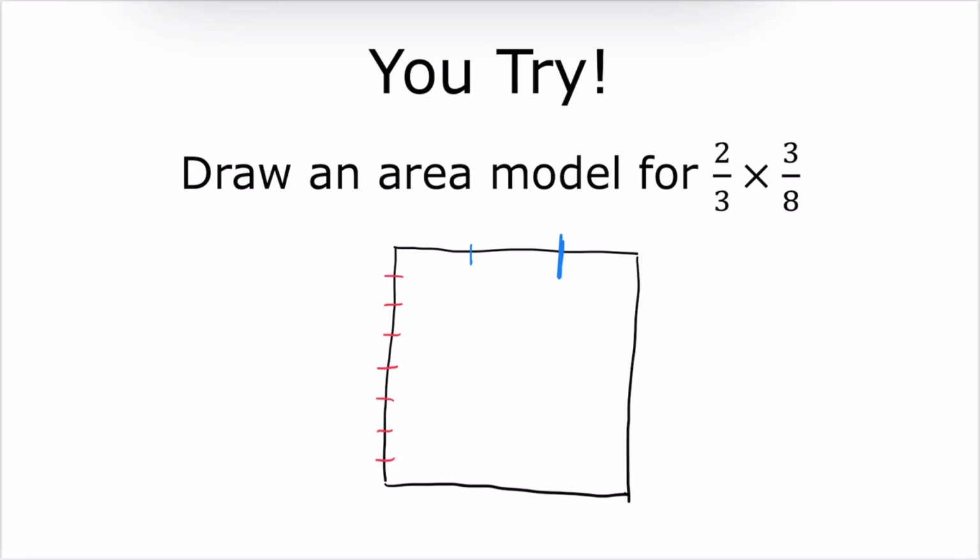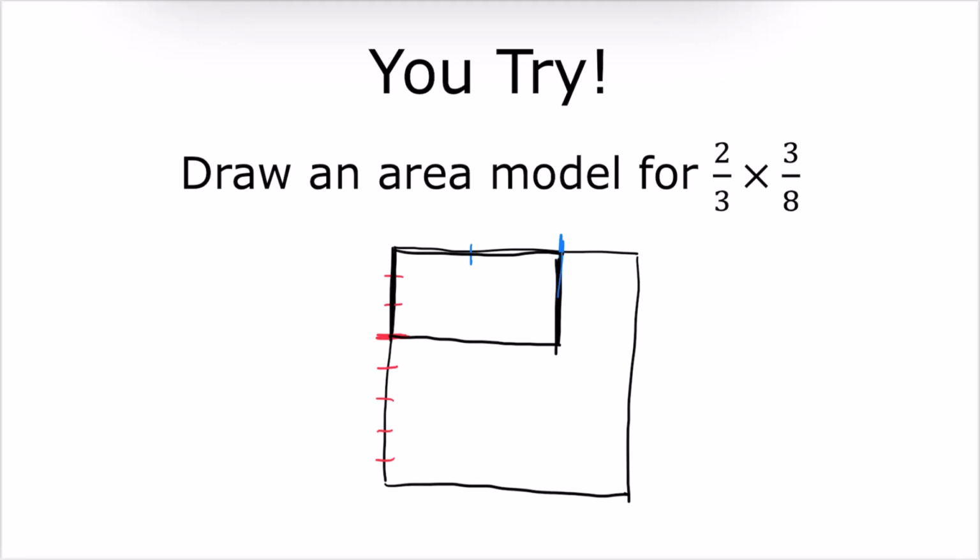And my rectangle is going to be 3/8 units wide. So the rectangle that I'm looking at is a rectangle that's 3/8 wide and 2/3 long. So this is the rectangle that I'm looking at.